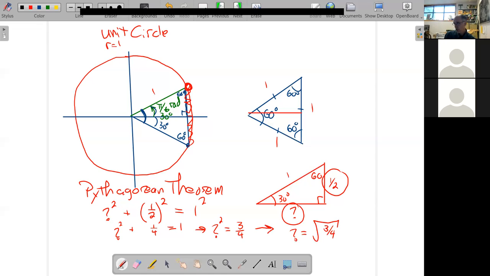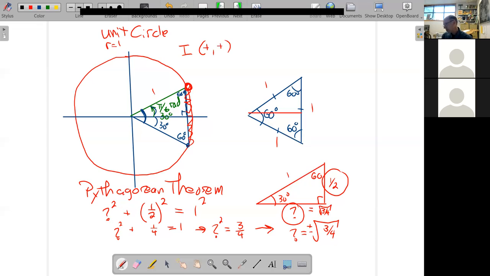Now, technically, when we square root a square, we get plus or minus. On this particular triangle, since I am in quadrant 1, both the x value is positive and the y value is positive. So for this particular point, I want the positive square root of 3/4.